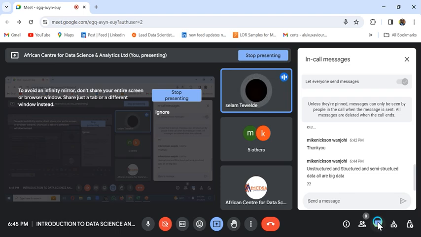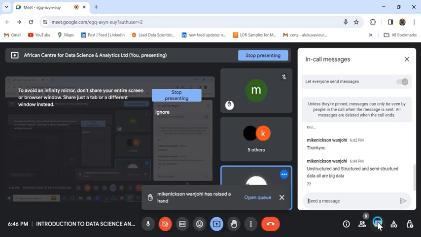I have said if the text and numericals are combined with the images, then we can call it semi-structured. But if we have text and numerical alone, then that is structured data. I don't know if that is now clear. Okay, yeah, thank you.